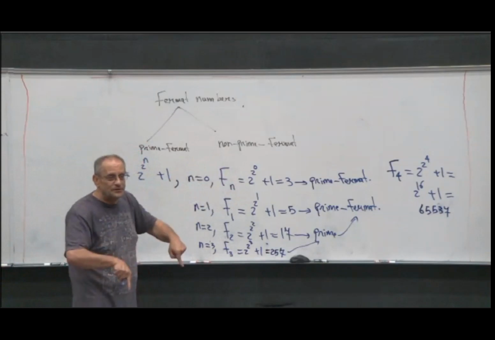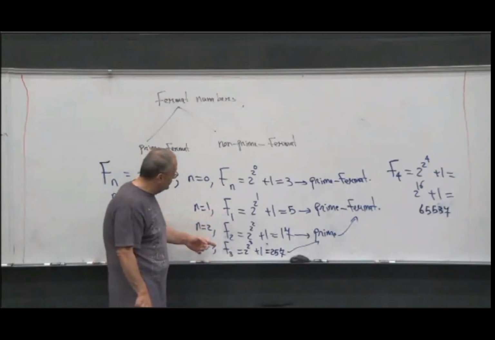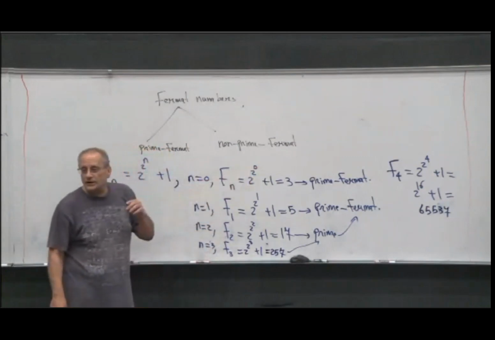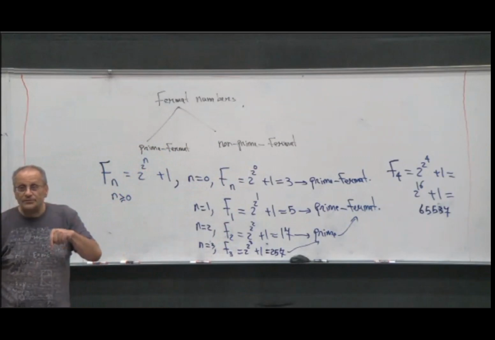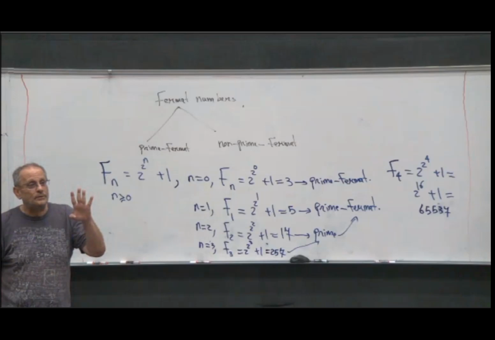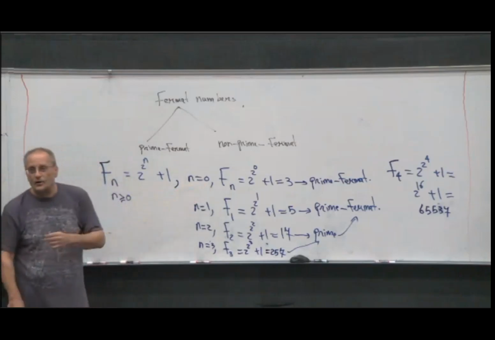Till this minute, we have only how many? 1, 2, 3, 4. Okay? Till this minute, we only know 4 Fermat primes. 4 or 5? 5, because I start from 0. Okay, 5.